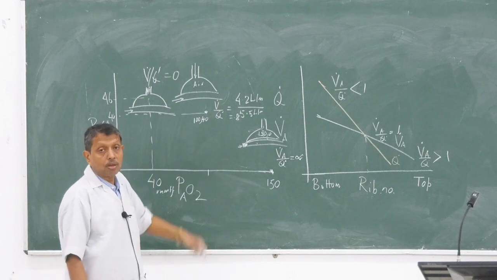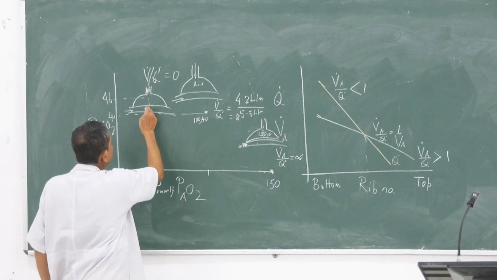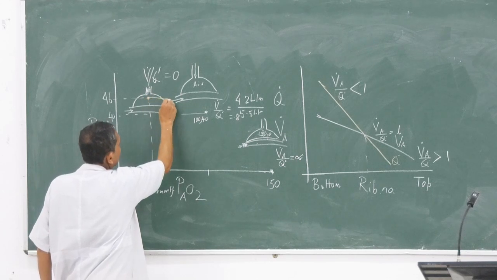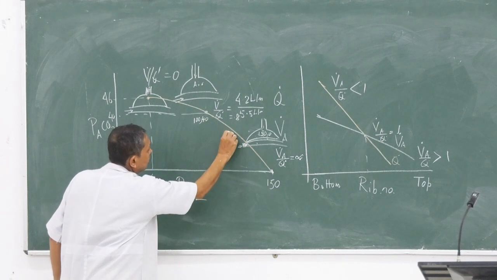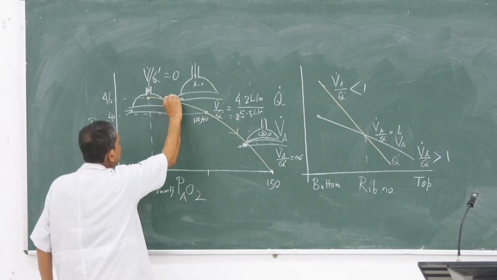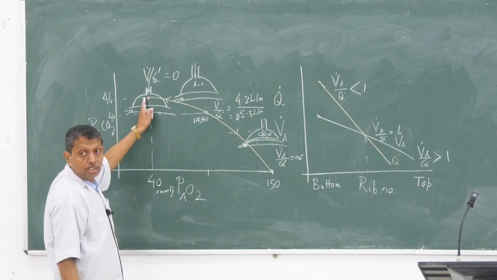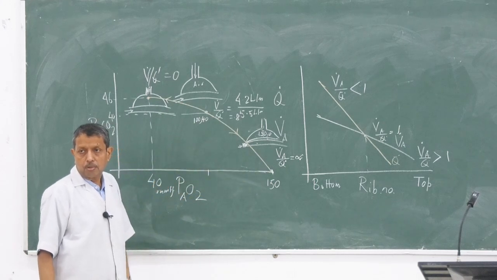So whatever may be the condition, whatever may be the disease, it will follow from this point to this point, in this direction and in this direction. And here there is no ventilation, and here there is no perfusion. These are the extreme conditions.